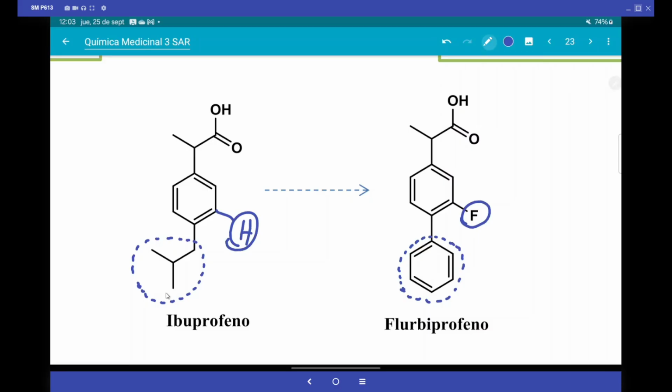That is, whenever you see molecules of this type derived from this acid, this is a propanoic acid because it has 3 carbons, 1, 2, and 3. Derived from propanoic acid, they are inhibitors of cyclooxygenase, they are non-steroidal anti-inflammatory drugs.